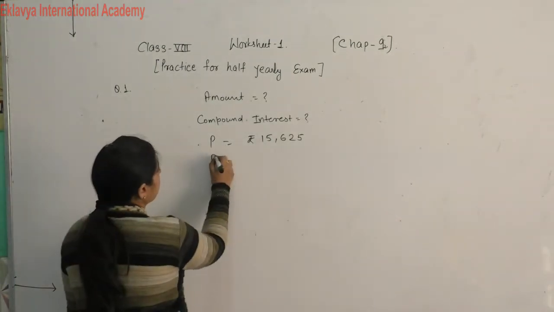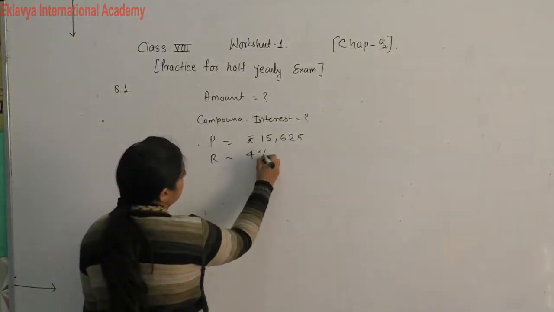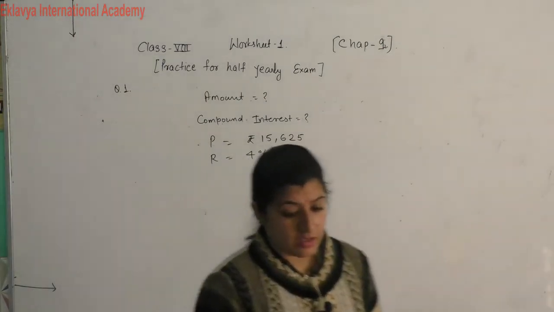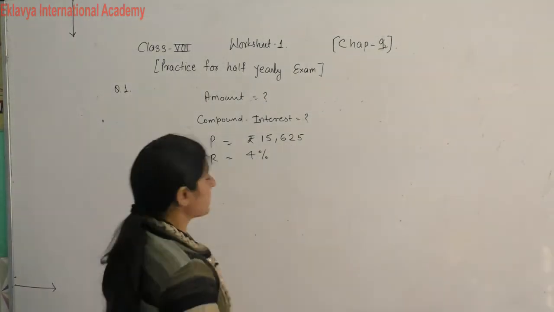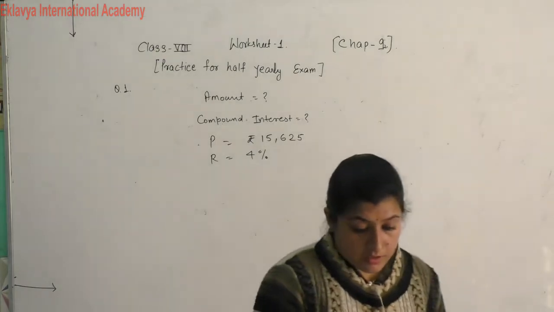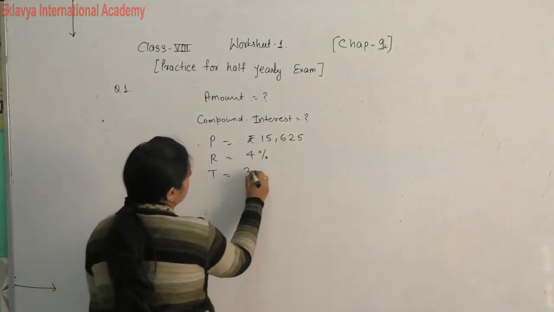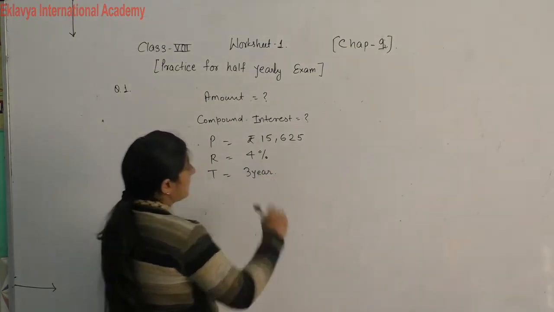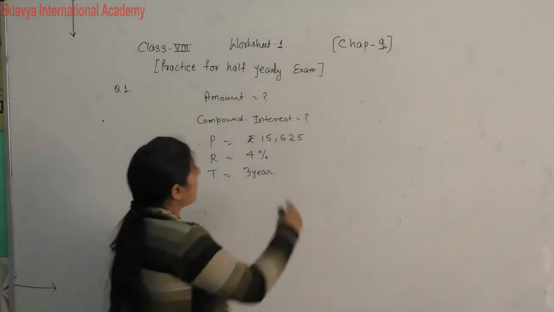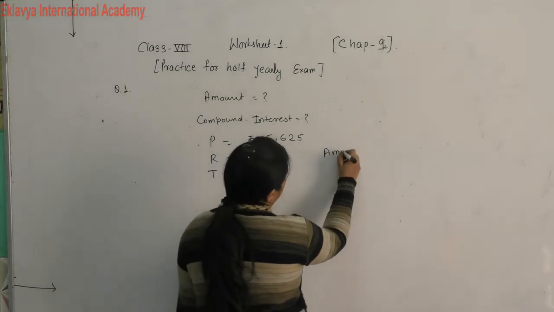It means rate given to you is 4% per annum for 3 years. Time given to you is 3 years. Then find out your compound amount.